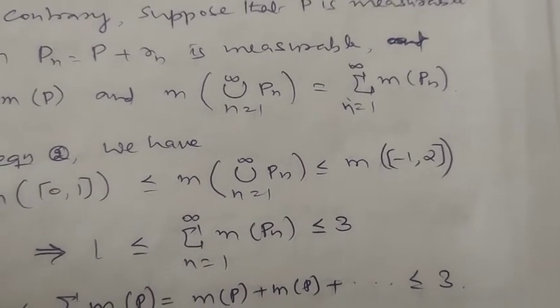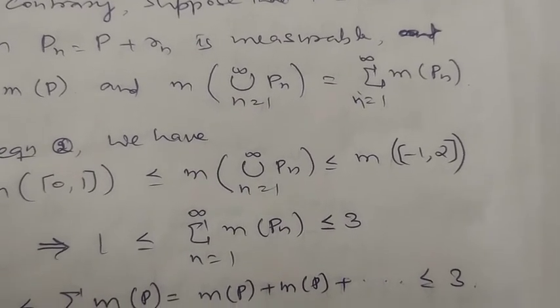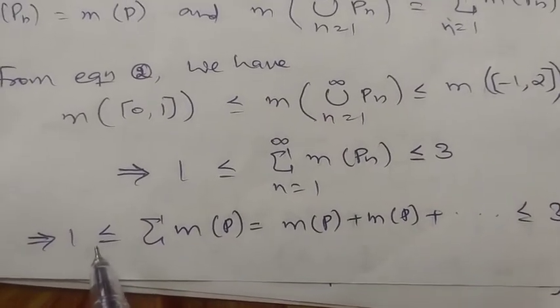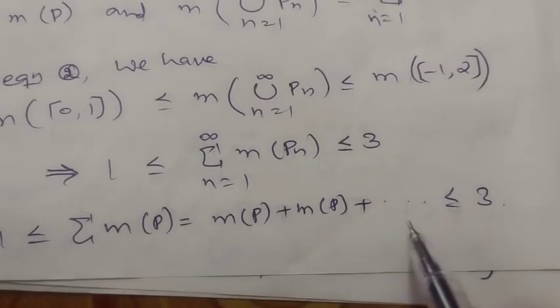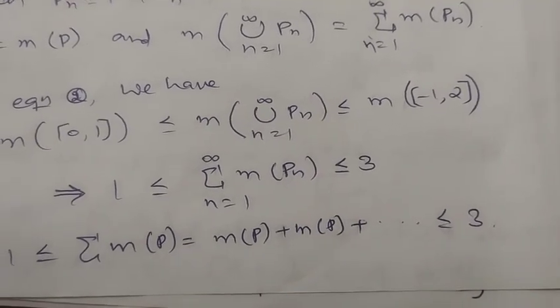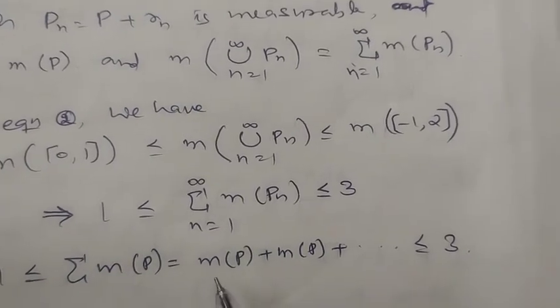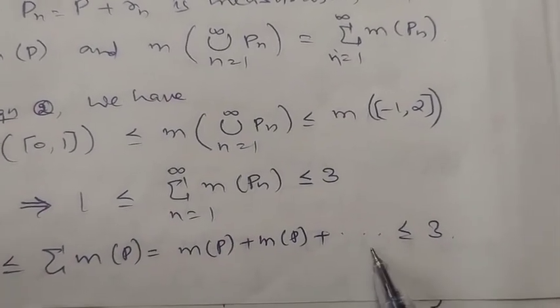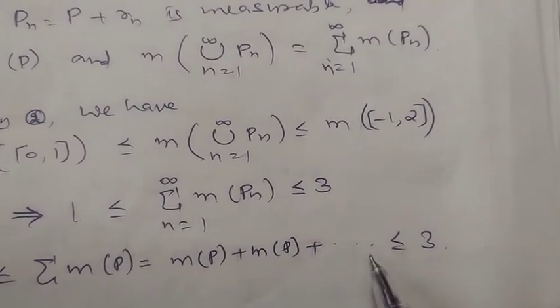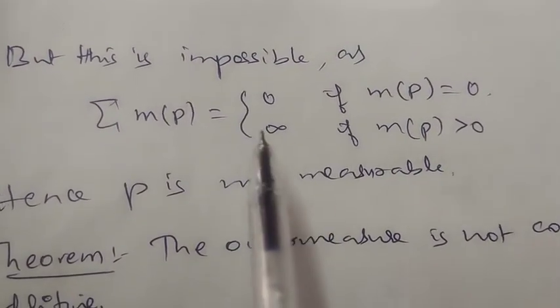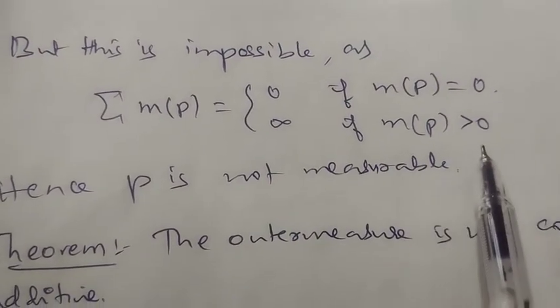Look here. If the measure of P is 0, then this case is not valid, because 1 is less than or equal to 0 is less than or equal to 3 cannot hold true. And if we assume the measure of P is greater than 0, then the sum has infinitely many terms and becomes infinite, so this choice is also not possible.